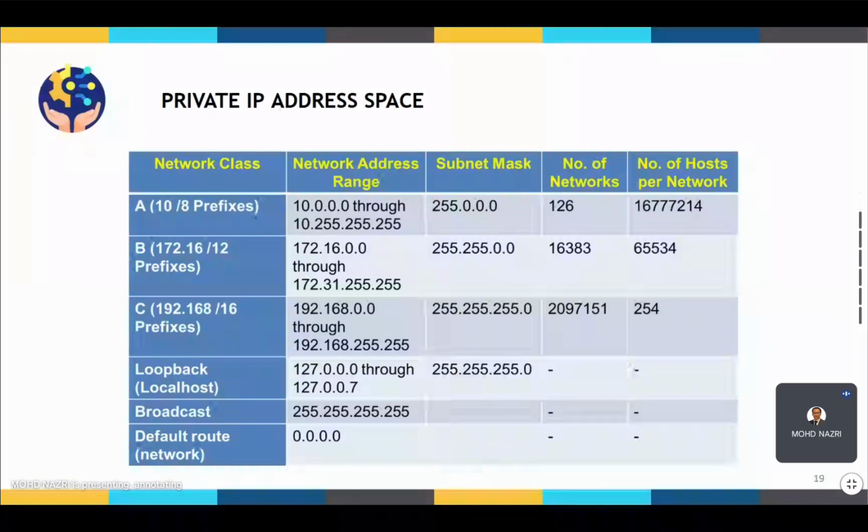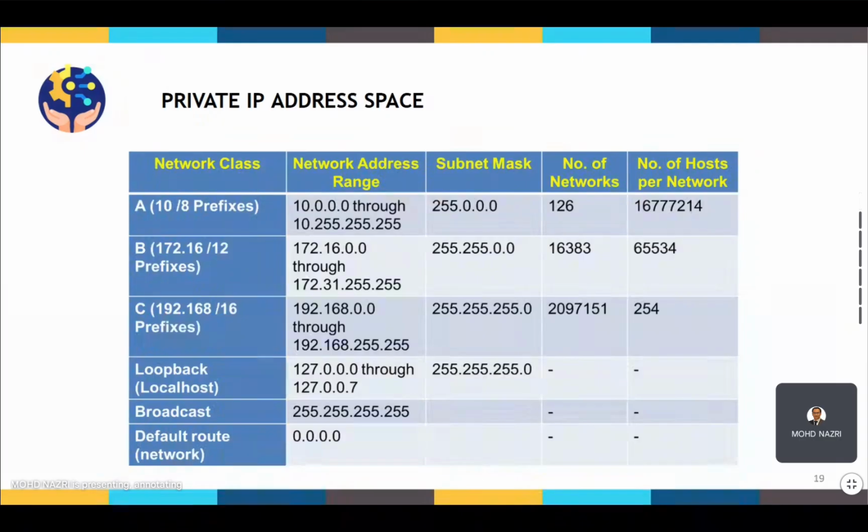You can have up to 16,000 VLANs, and each VLAN can have up to 65,534 devices: PCs, mobile phones, servers, and so on.